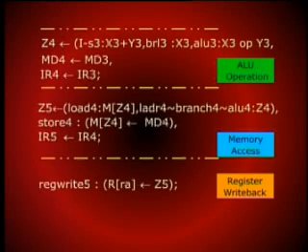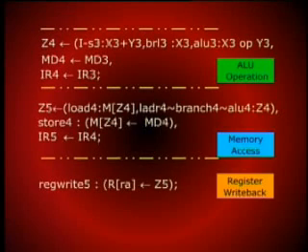It needs to update the contents of Z5, which would depend on whether it is a load instruction or an ALU instruction. Now if load 4 is true, meaning that it is a load instruction, the contents of the memory pointed to by Z4 would be moved on to Z5.